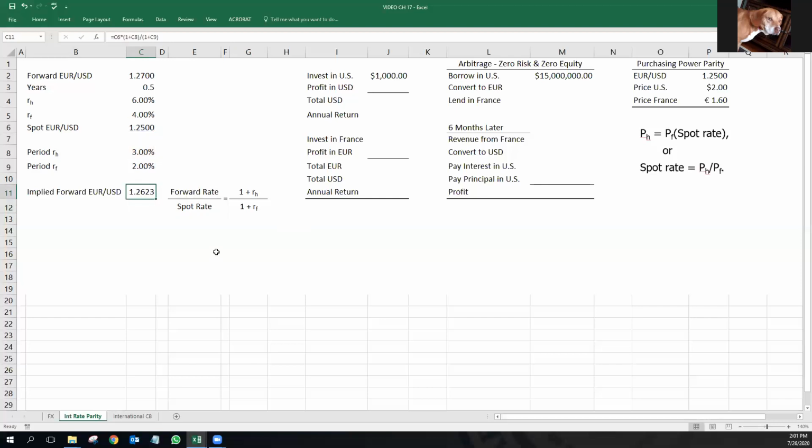And what it's telling us is that the implied forward rate is 1.2623 and maybe some more decimals.